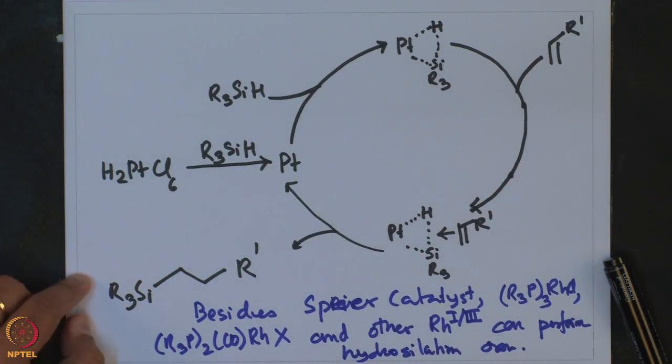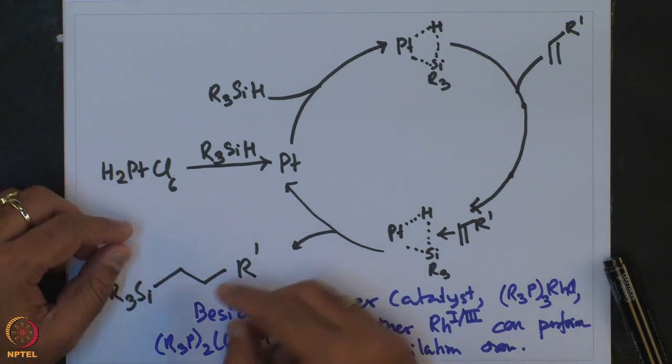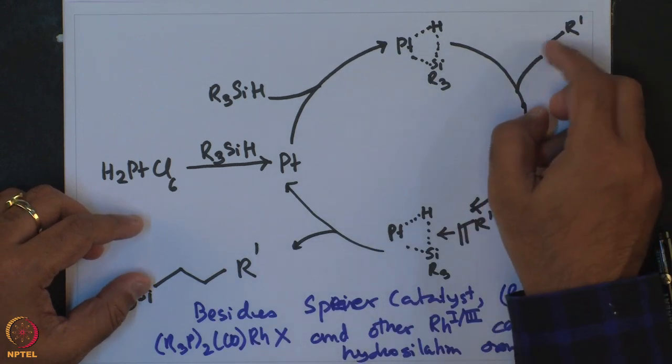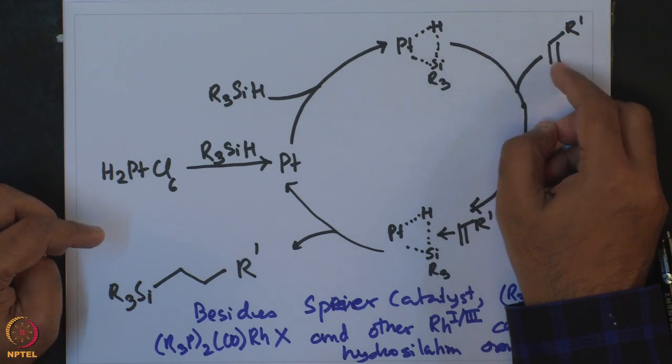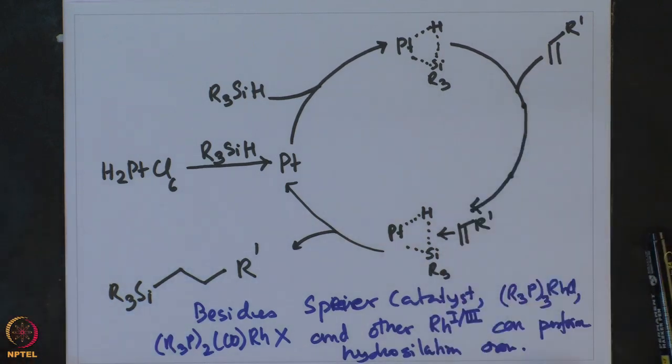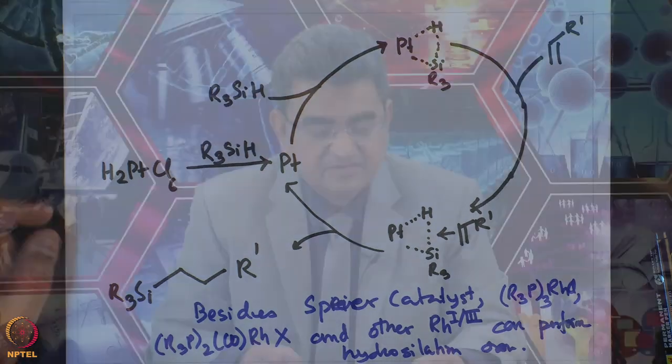If one looks at the regiochemistry, it shows that this is anti-Markovnikov type addition, where the hydrogen ends up on the most substituted carbon, and the silicon ends up on the least substituted carbon. So, platinum catalyzed hydrosilylation thus undergoes addition in an anti-Markovnikov fashion, as one may see.